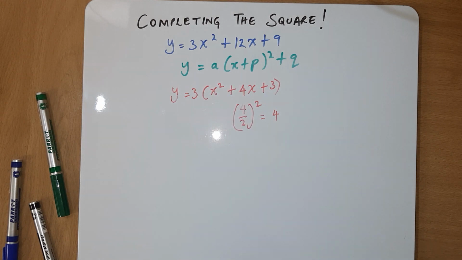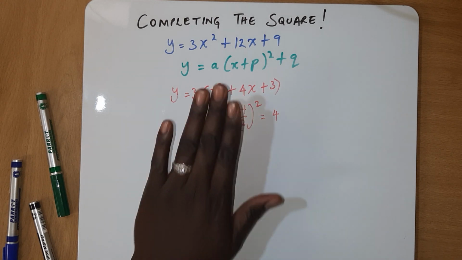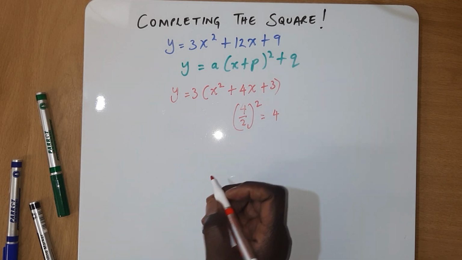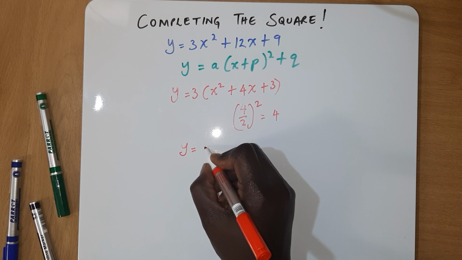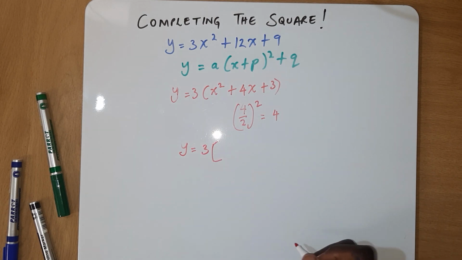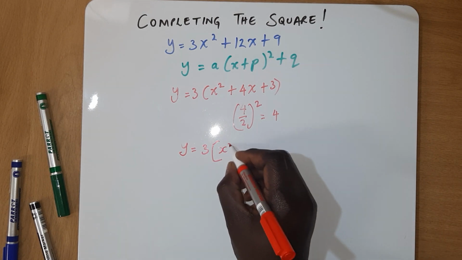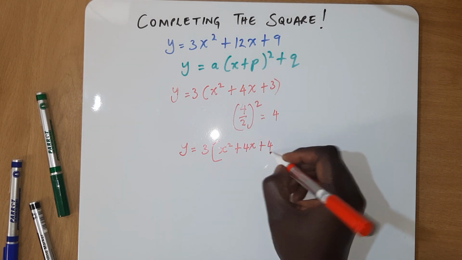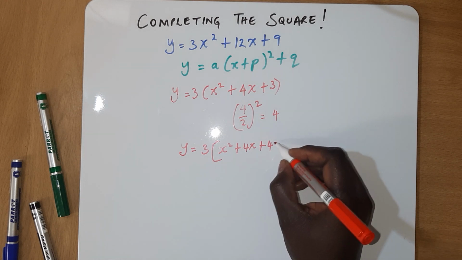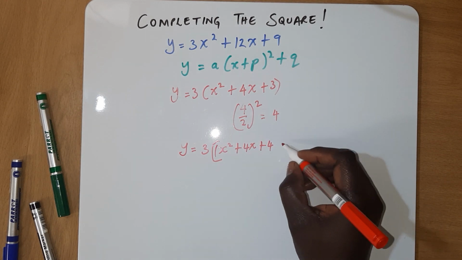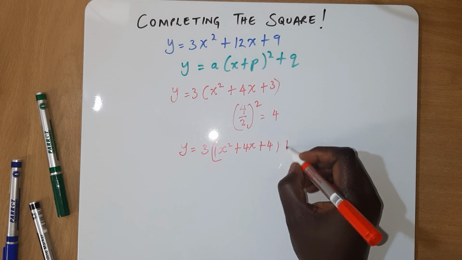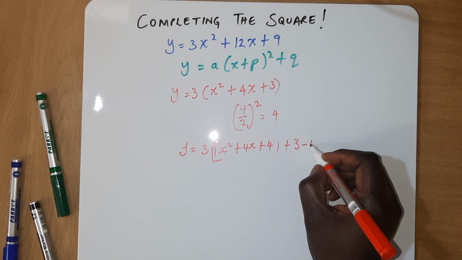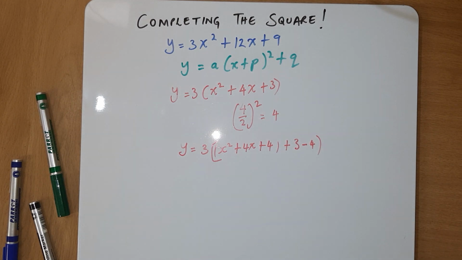So we are going to add 4 and also take 4 out. Okay, so our new equation would look like this: y equals 3 into x squared plus 4x plus 4, plus our 3 minus 4.